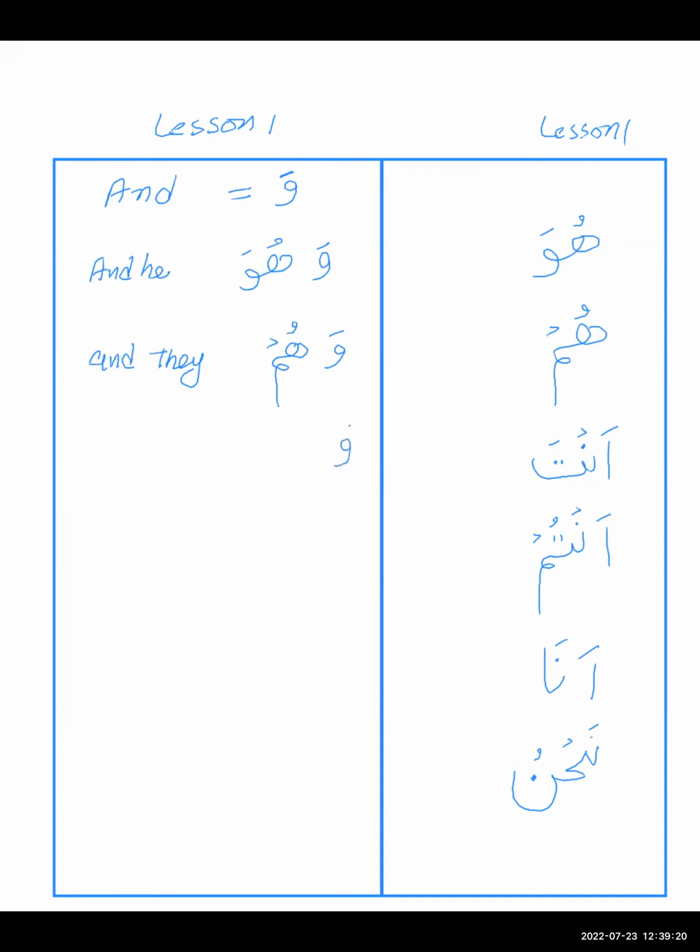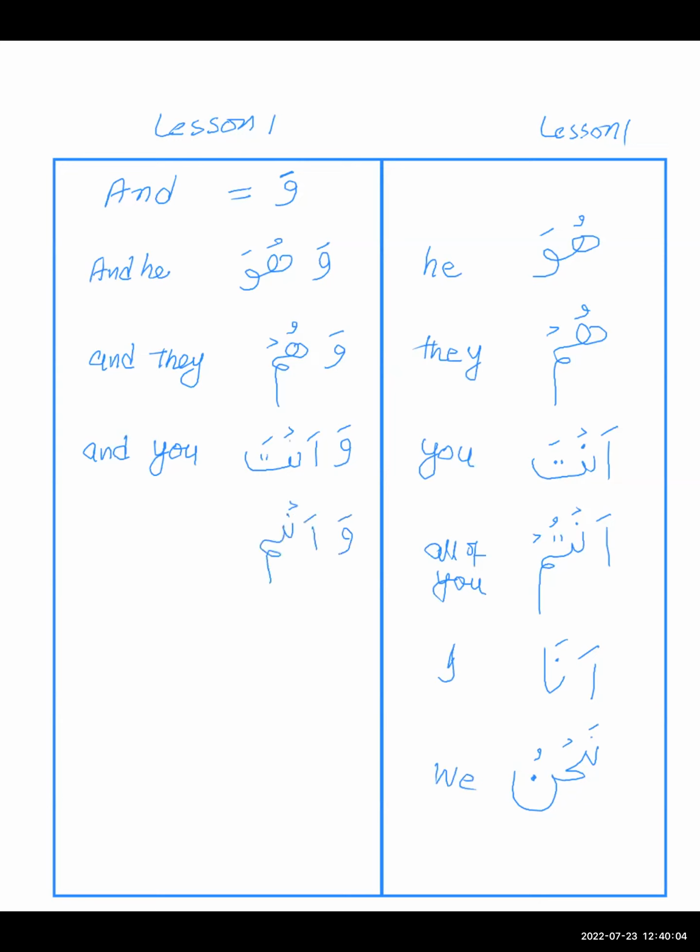If I say wa anta, so it would be and, and anta means you. So it would be and you. Okay. If I say wa antum, and all of you.